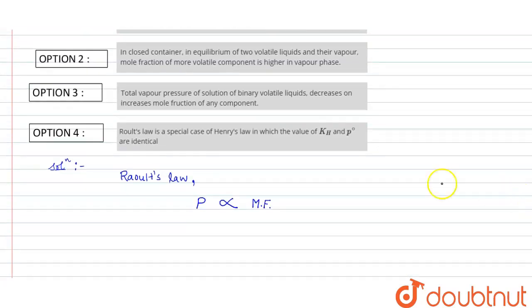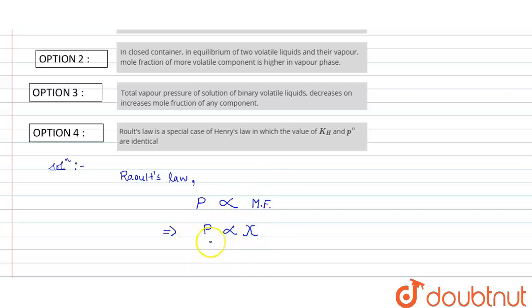The mole fraction is represented by the symbol chi. So X here represents chi, the mole fraction, and P is the partial vapor pressure.